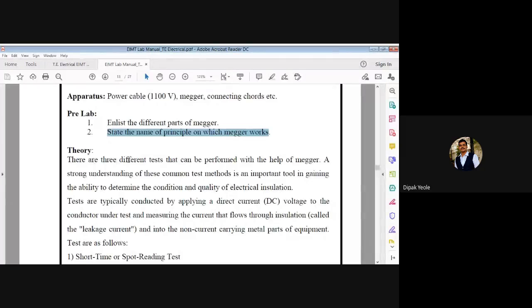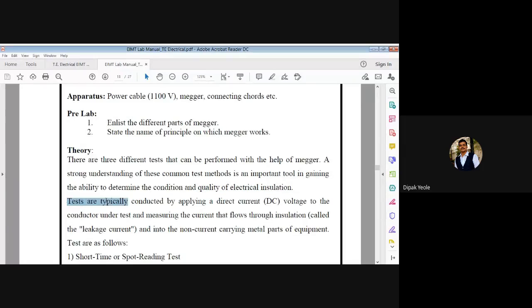There are 3 different tests that can be performed with the help of Megger. A strong understanding of these common test methods is an important tool in gaining the ability to determine the condition and quality of electrical insulation.